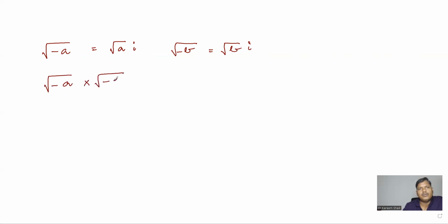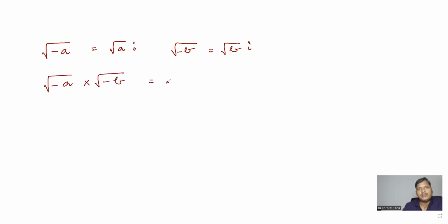The square root of negative a can be written as the square root of a into i. The square root of negative b is nothing but the square root of b into i. Now I want to find out the square root of negative a into the square root of negative b.